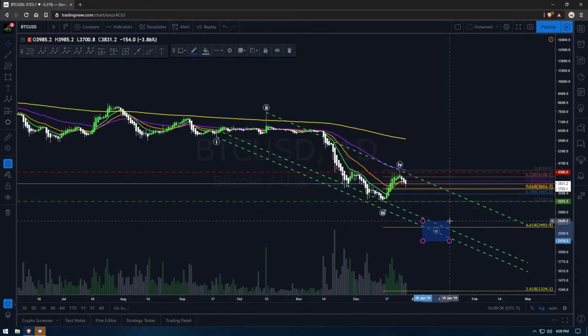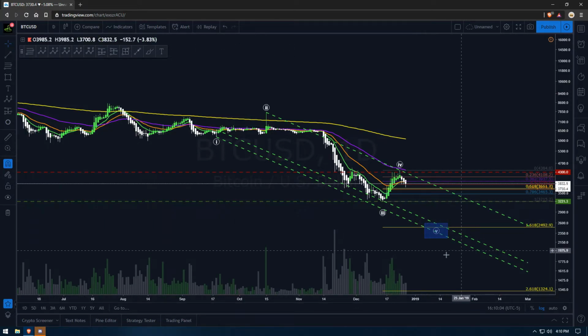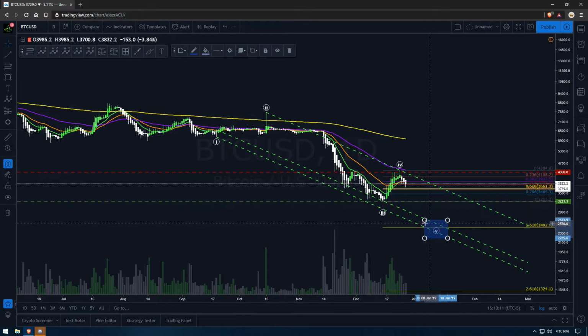Obviously, my box wouldn't be that big, but somewhere in here, I think, is a pretty good bet for where our wave 5 is going to end. Somewhere between potentially 2600 up here, the corner of this box, to somewhere down here, about 22, whatever.